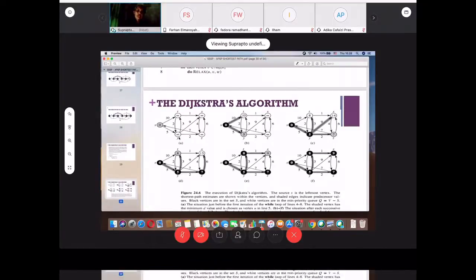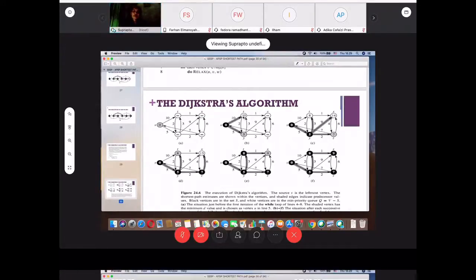All of those have the shortest path estimate infinity. So by calling relax, going through S, and S has the shortest path estimate 0, and the weight from S to T is 10, then we can update the shortest path estimate of T to 0 plus 10, which is 10, right?